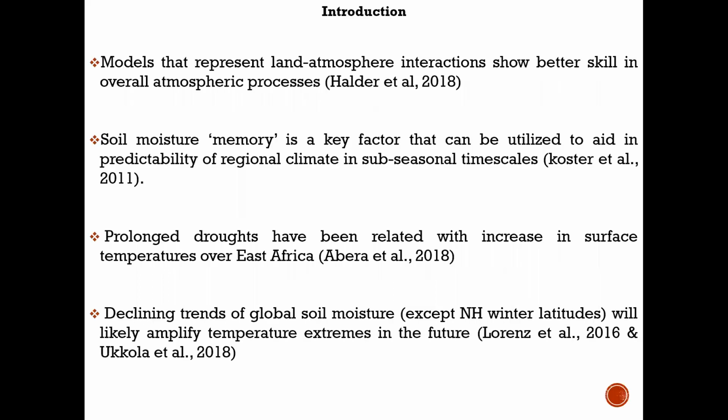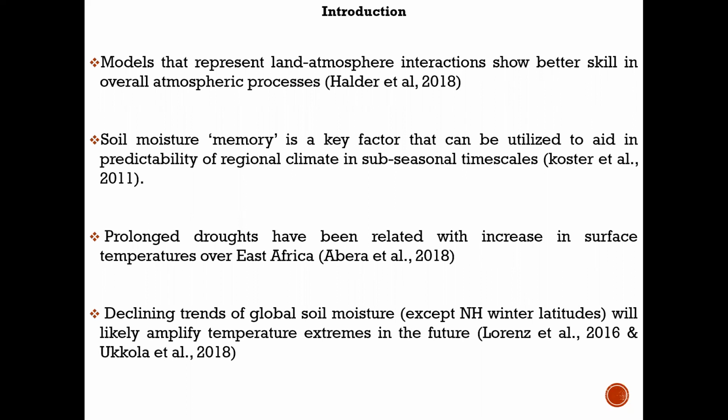Some of the previous research that motivates this study is listed here, indicating that models that better represent land atmosphere interactions also show better skill in overall atmospheric processes. There's also interest in utilizing soil moisture to improve subseasonal forecasting.